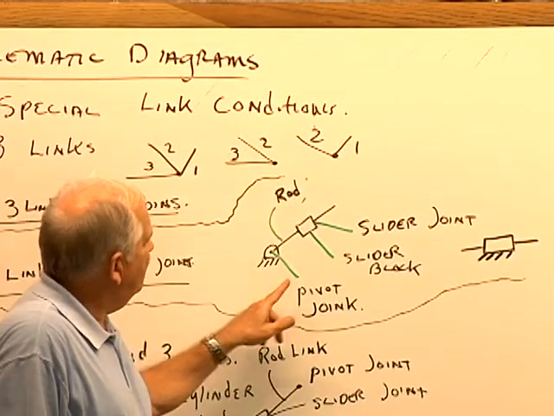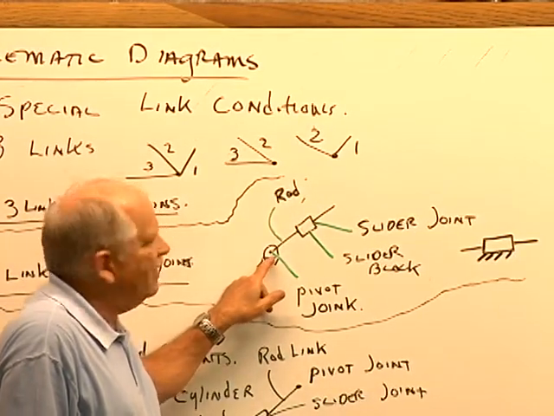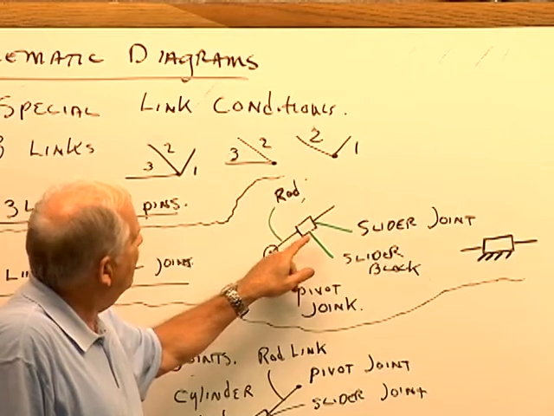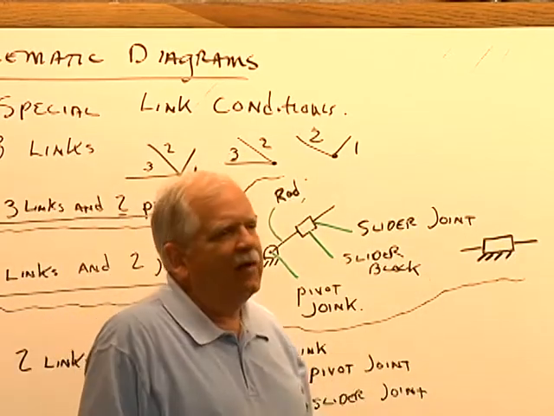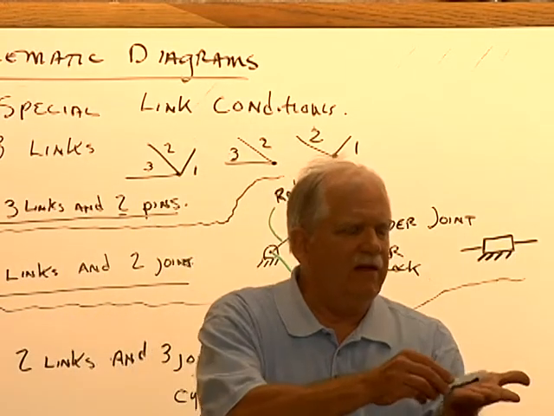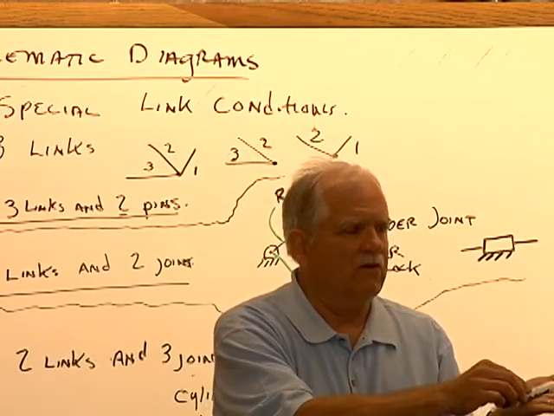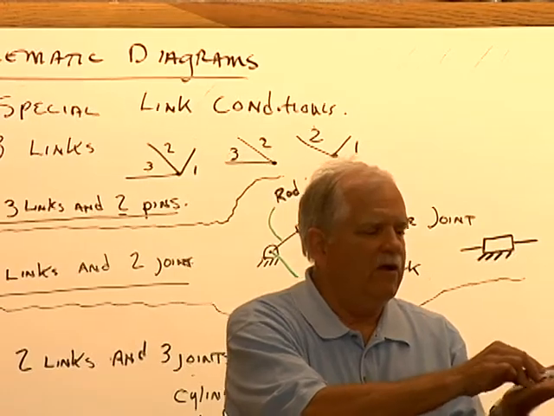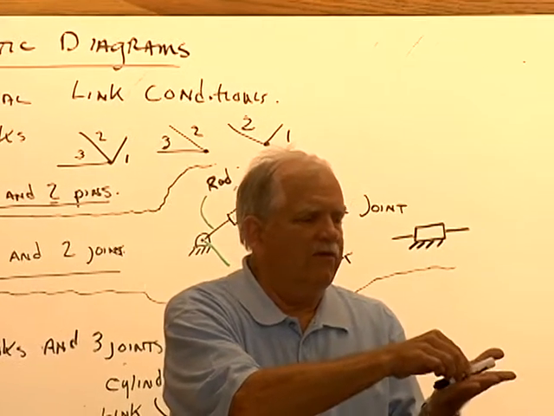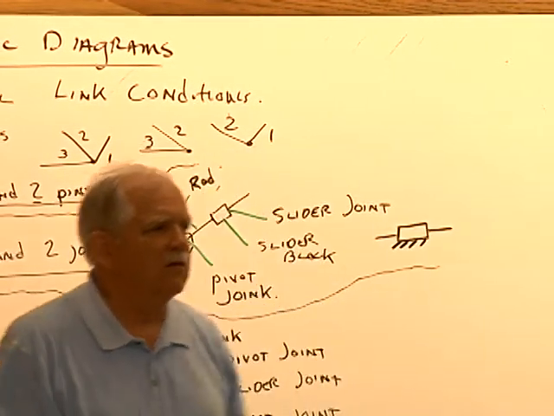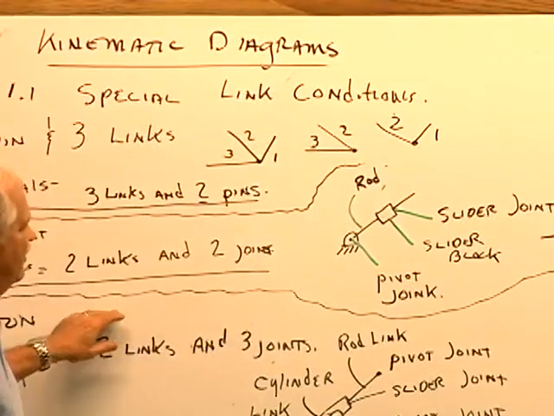And then the joints would be, there would be one joint that would be for pivot, and the other would be actually where the block slides on the rod. So if the block is sliding on the rod like that, that is in fact a joint. Okay, so therefore we have the slider and we have the block. So that's 2 and 2.